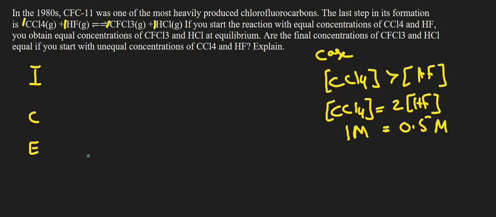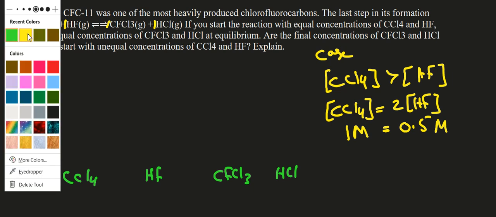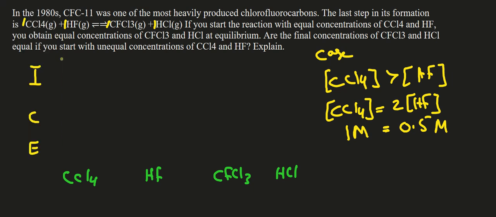We have CCl4, hydrochloric acid, and we have CFCl3 and hydrochloric acid. For initial, let me go back to yellow. We said for initial of CCl4 we have 1 molarity.